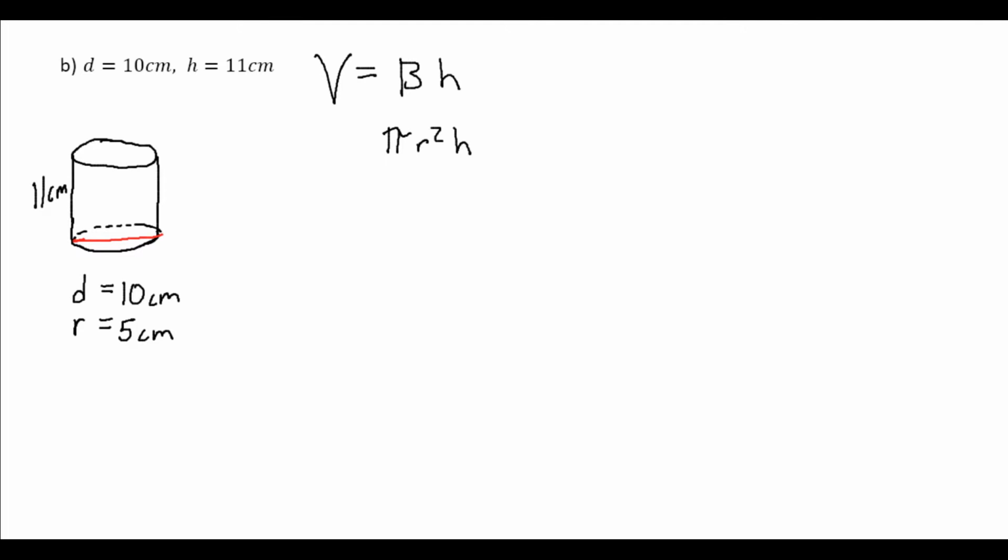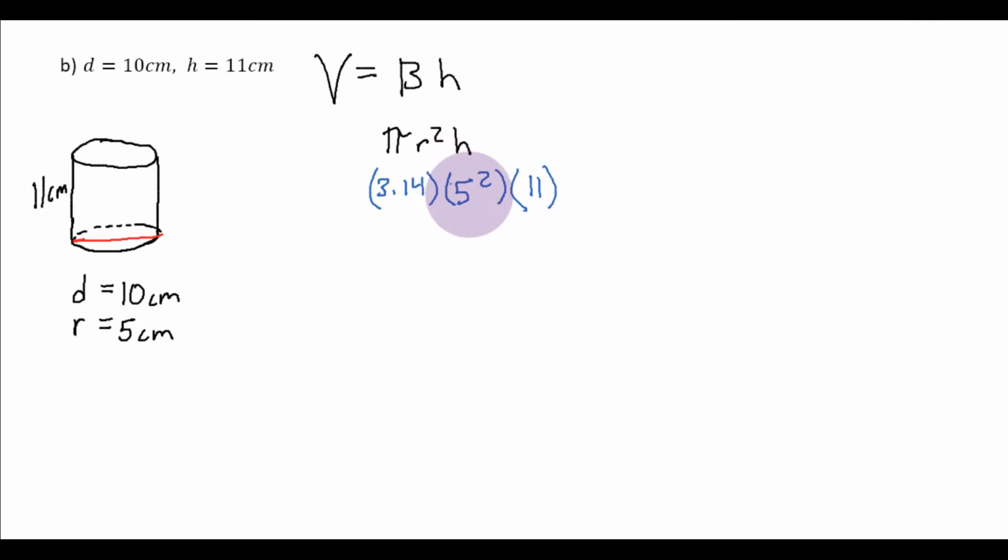I'm going to use 3.14 to represent pi, so I'm going to put down 3.14, and we're going to multiply by the radius squared. The radius is 5 centimeters, so I'm going to plug 5 in here, and we'll end up squaring it. And then we're going to multiply by the height, which is 11 centimeters, so 11 here.